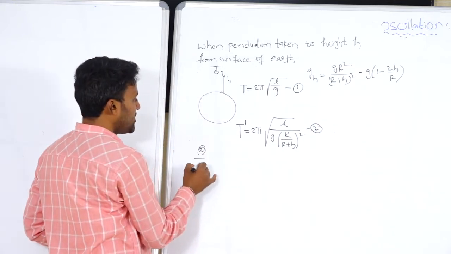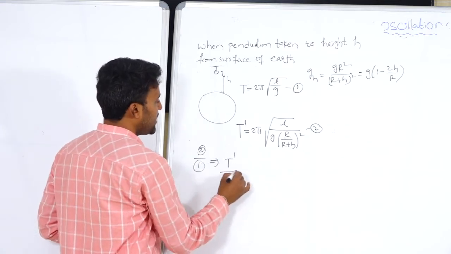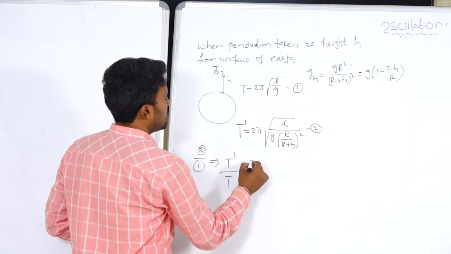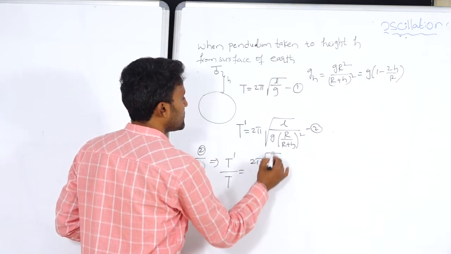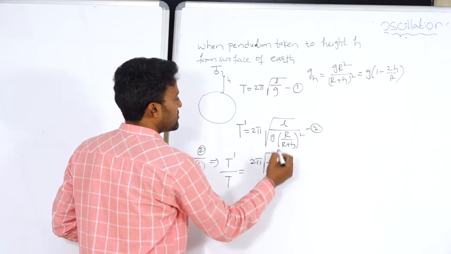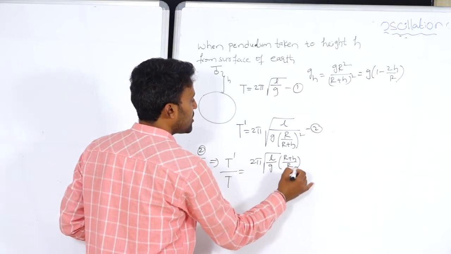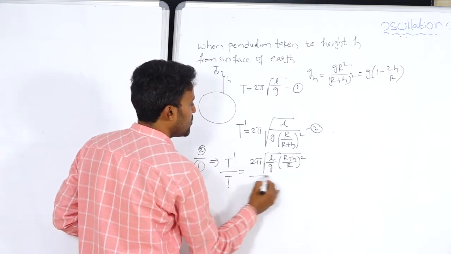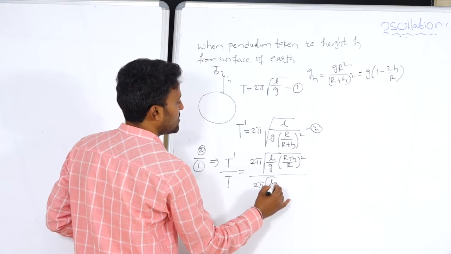Equation 2 divided by equation 1, if you solve it, T dash divided by T is equal to 2 pi under root of L by g, this one I am writing, the numerator R plus H divided by R whole square, divided by T is equal to 2 pi under root of L by g.